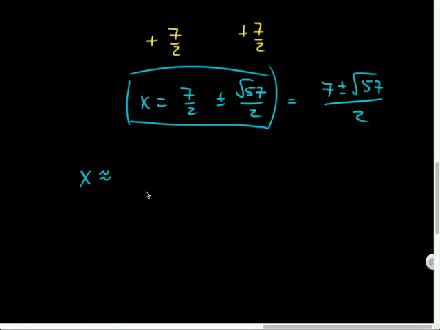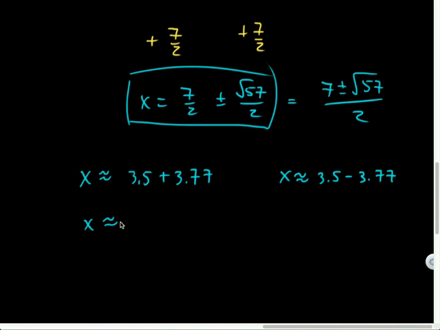So I could actually find a decimal approximation of this. Let's see, what's the square root of 57? And then divide that by 2. This is the same as 3.5 plus 3.77. And this one, minus it, would be 3.5 minus 3.77. So you could actually find the two decimal approximations if that's what you're looking for.